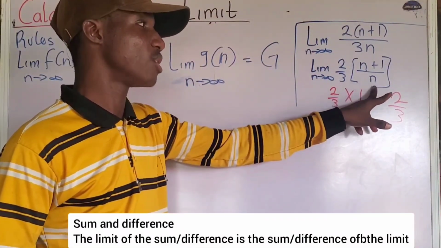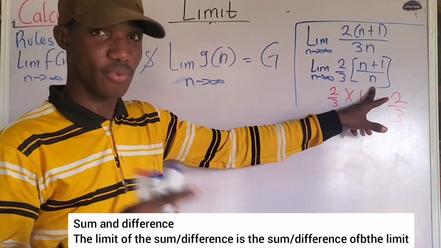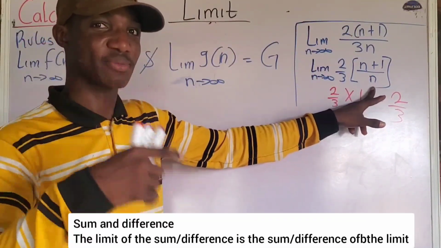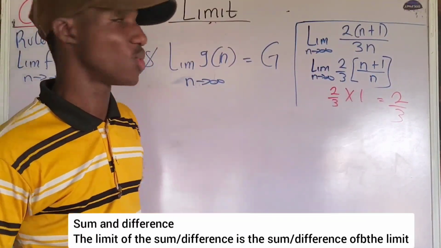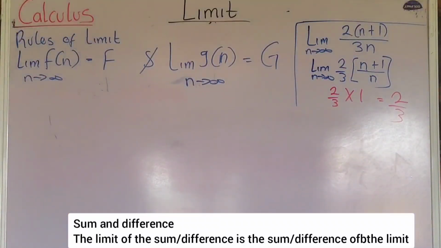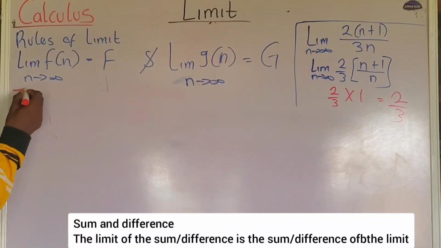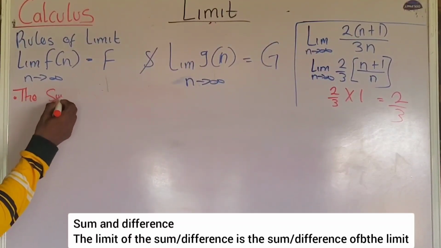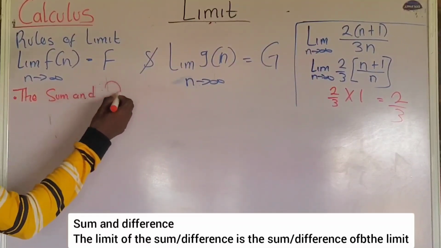Maybe you forgot how I took the limit of this. You can reverse the video and listen to the explanation again. So now let's move to the second rule, the sum and differences.